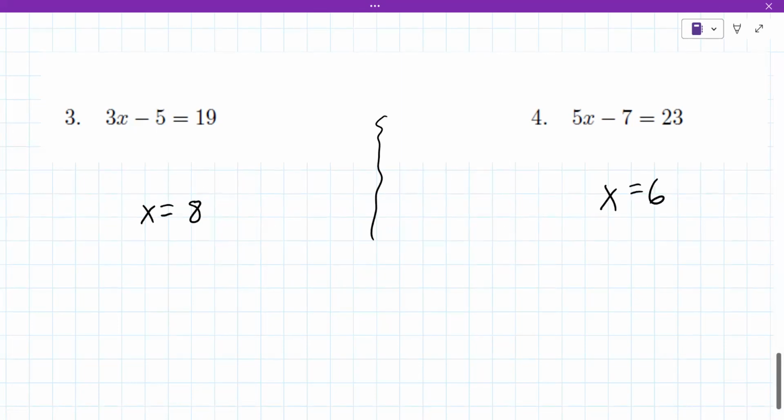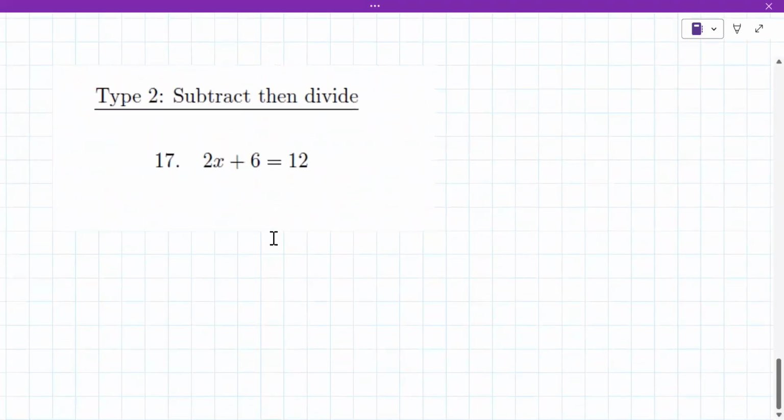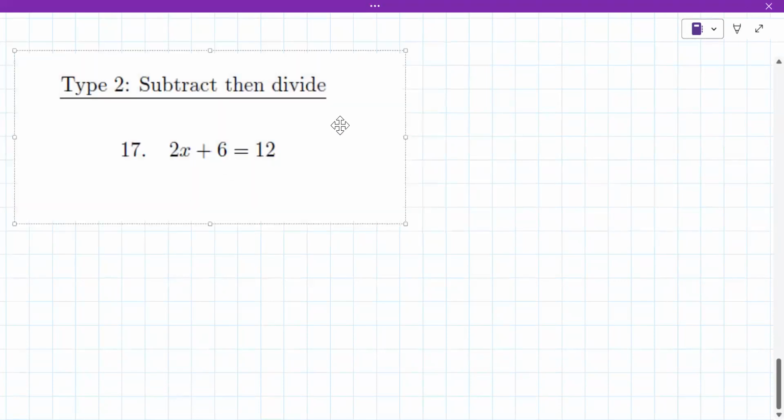Okay, so it's always nice when I say you're going to do this and then this, right? It's easy to say, do these steps. And so we got a couple more types to do like that. And then the real challenge will be when you have to figure it out on your own. But let's take a look here. So these problems are subtract, then divide. And again, your focus has to be on the side with the variable.